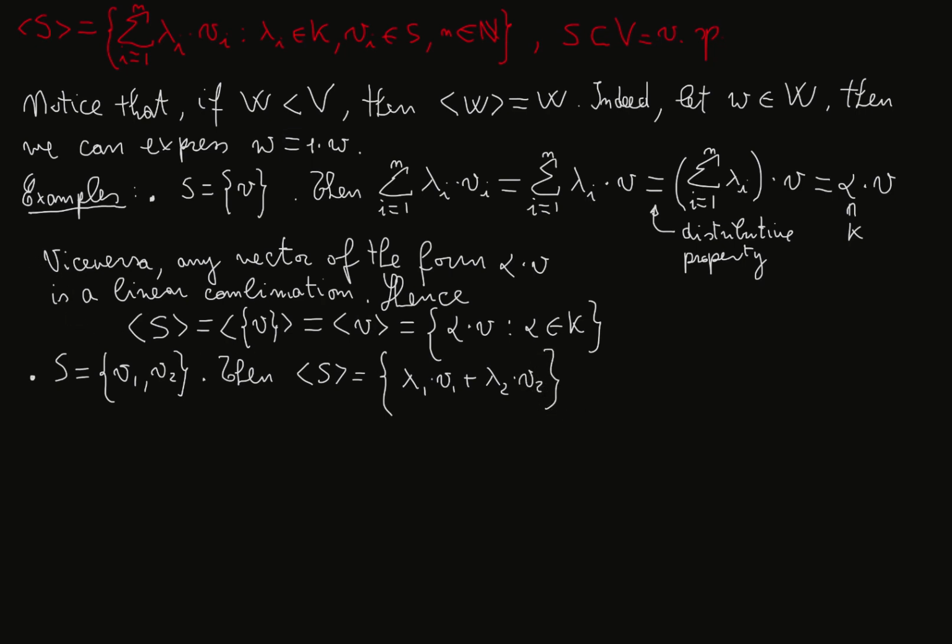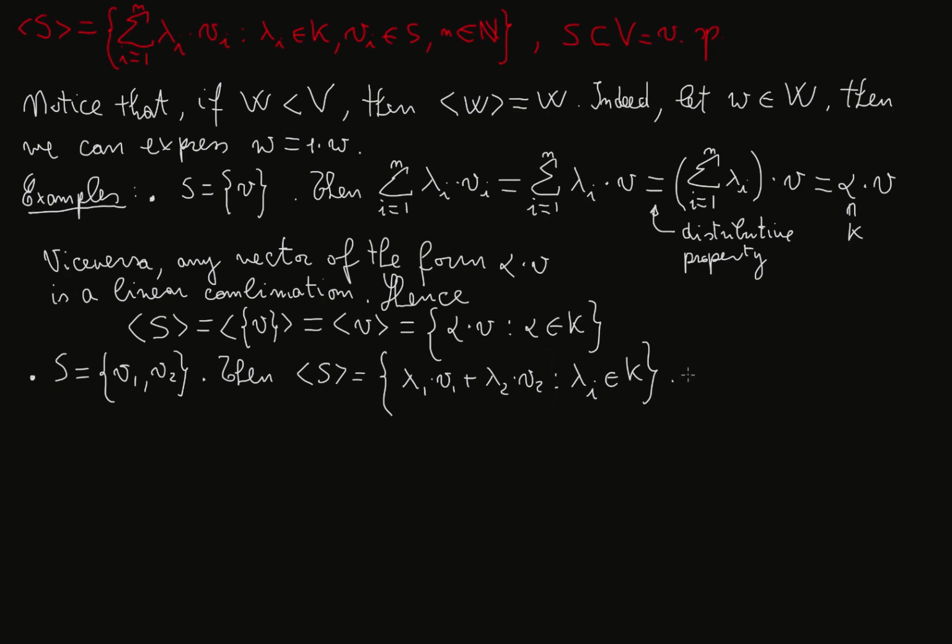So these are going to be these vectors such that the lambda i's belong to K. Okay. So notice that this looks like being the same kind of set, regardless of what v1 and v2 are. Okay. But in fact, it is not exactly what it looks like.